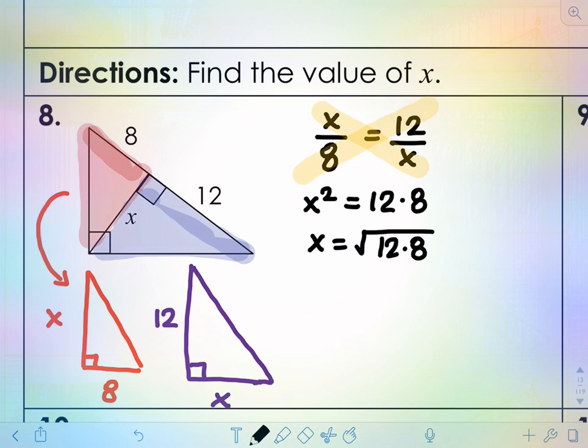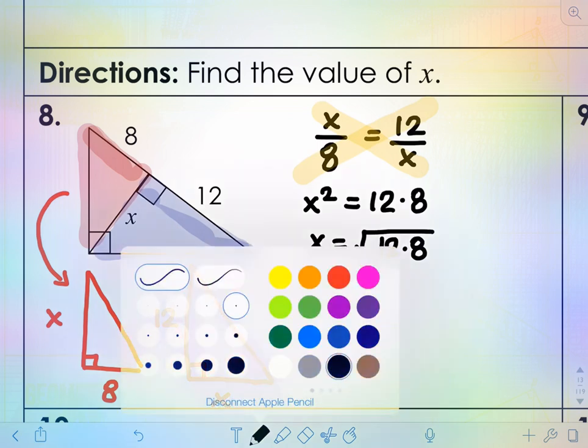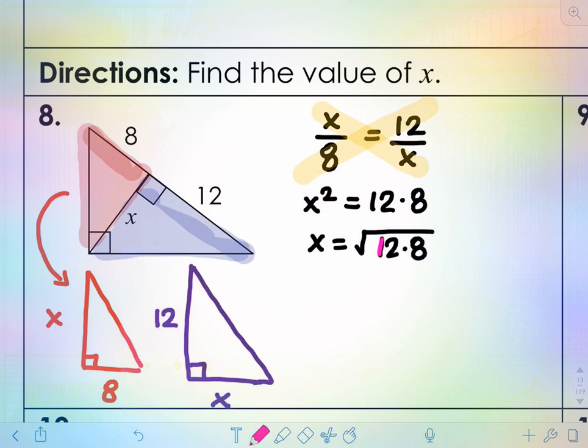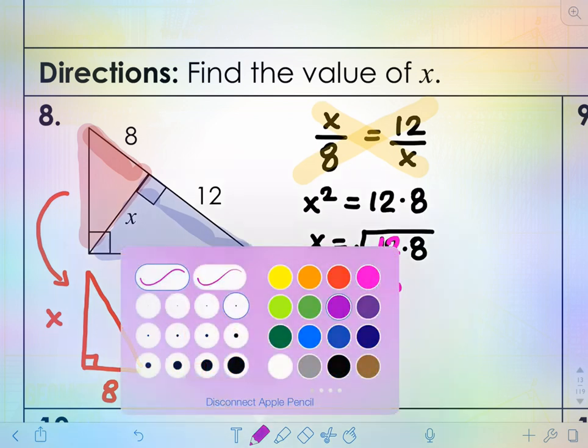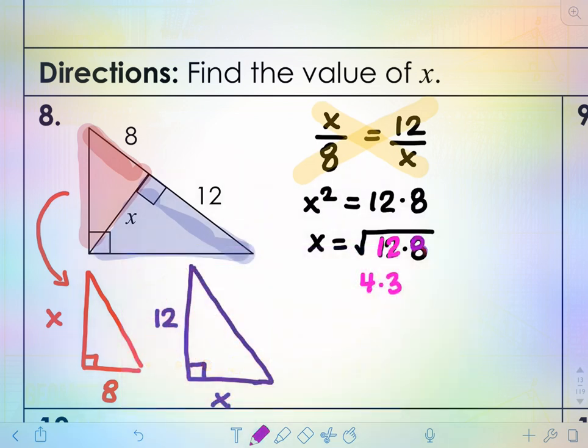Okay, but I'm going to revamp this. I'm going to break this up using perfect squares. 12 can be factored into 4 times 3. 4 is a perfect square. And 8 can be factored into 4 times 2.